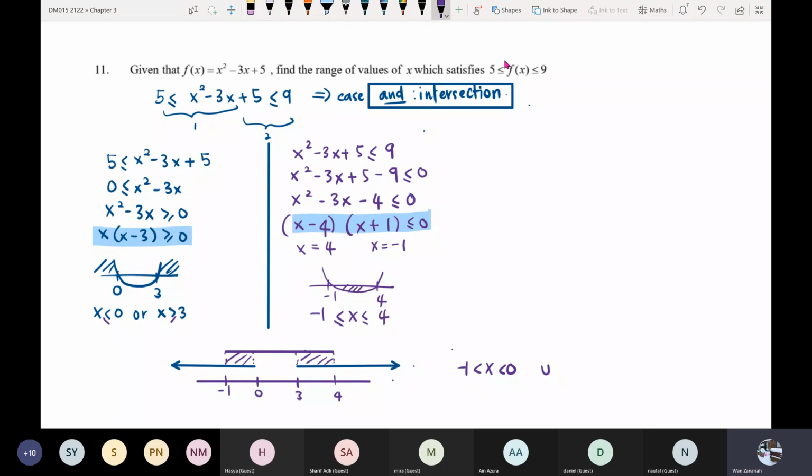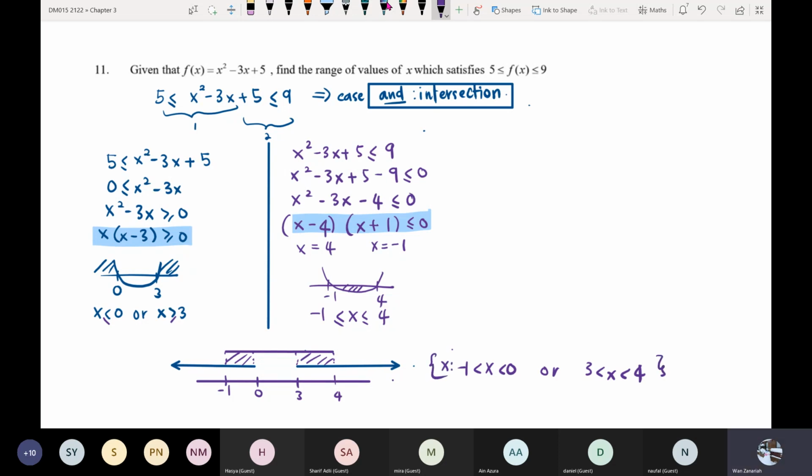Sebab you ada dua jawapan, you tulis or. Sebab dia nak dalam bentuk set solution ke dia nak range? Dia nak range ya? Bagi je lah dua-dua bentuk. Okay, so or x is in between 3 and 4.